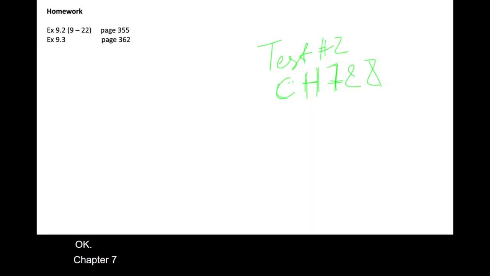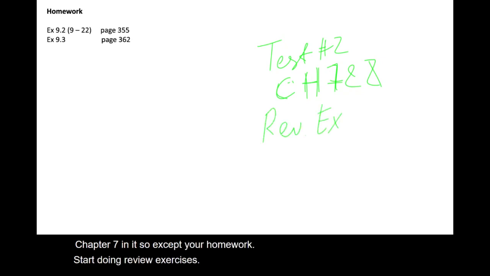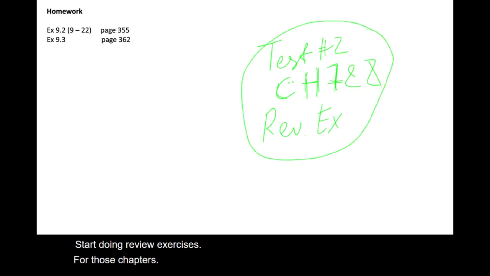So accept your homework, start doing review exercises for those chapters. Okay, start practicing and preparing yourself for test 2.